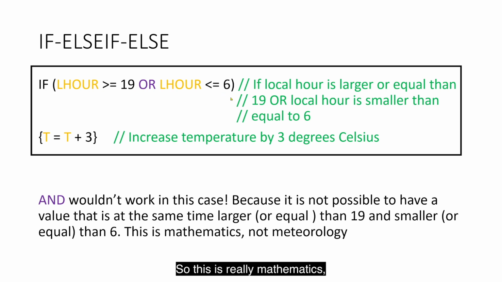So this is really mathematics, it's not meteorology. If you want something to happen during nighttime and you want to refer to local hour, you have to have the word or instead of and.